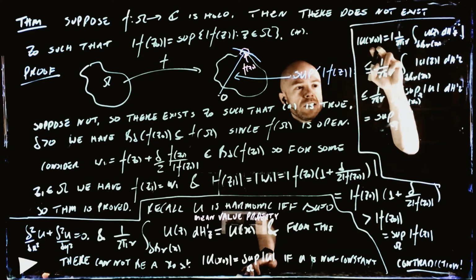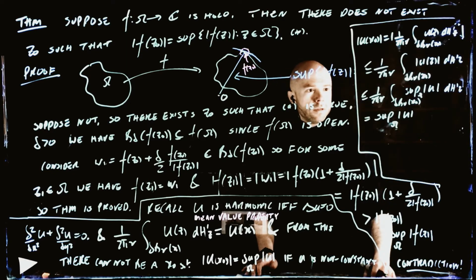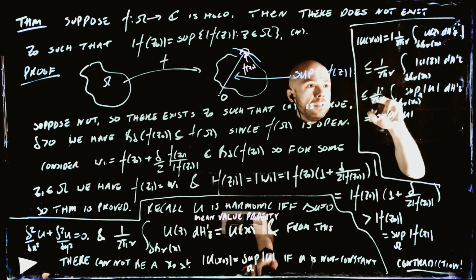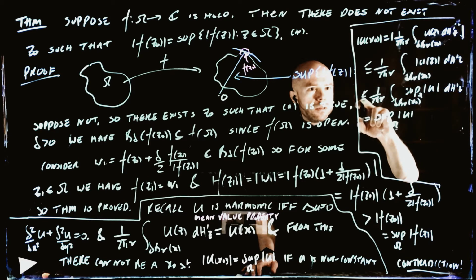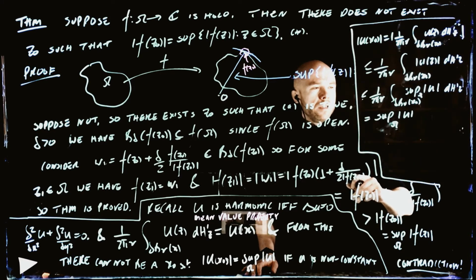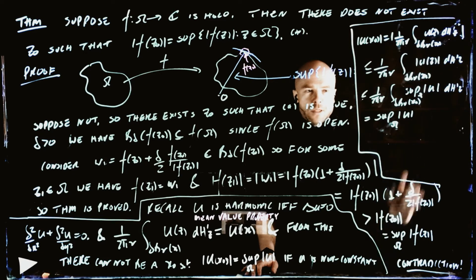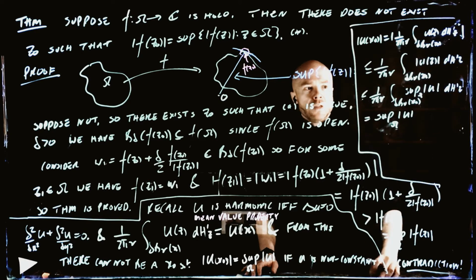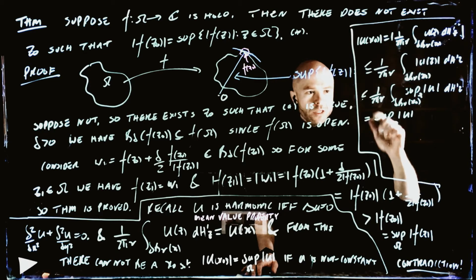So we have that u of x0 is less than the supremum. It can't possibly be equal to the supremum because we actually have strict inequalities here. So as we go from this step to this step, it's actually a strict inequality, because this is where the function is strictly less than where we were before. Yeah? So we have that this is strictly less than the supremum, where it's supposed to achieve it, so contradiction.